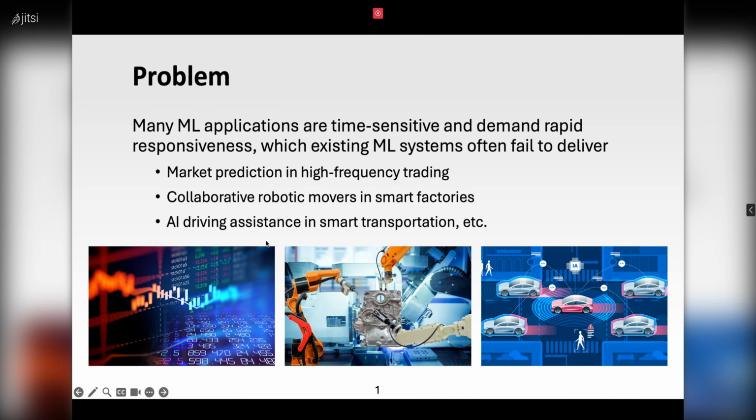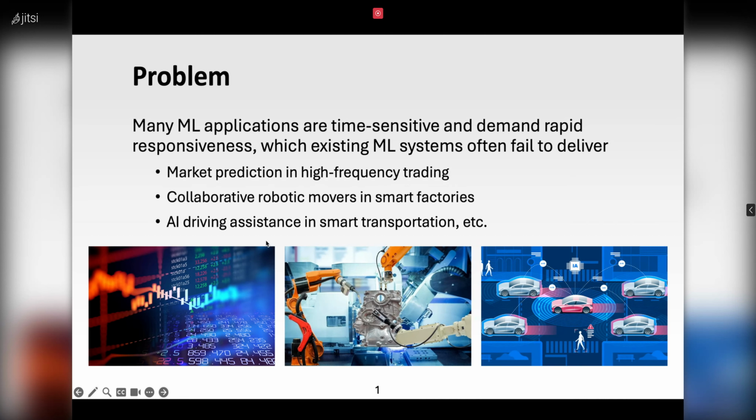Another example is in smart healthcare, particularly in remote surgery or emergency diagnostics, where in-network machine learning can support immediate response through in-network inference, minimizing the delay between patient monitoring and accurate control.